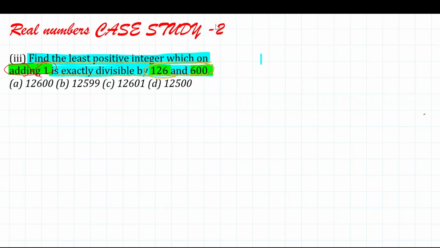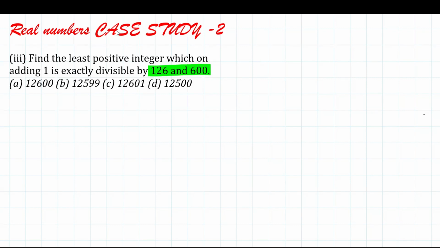Since a number exactly divisible by these two has to be the common multiple of both of them, and we are looking for the least such number, it should be the least common multiple, that is LCM. So first thing that we will do is to find out the LCM of these two numbers, and then we will be looking into this part of adding 1.